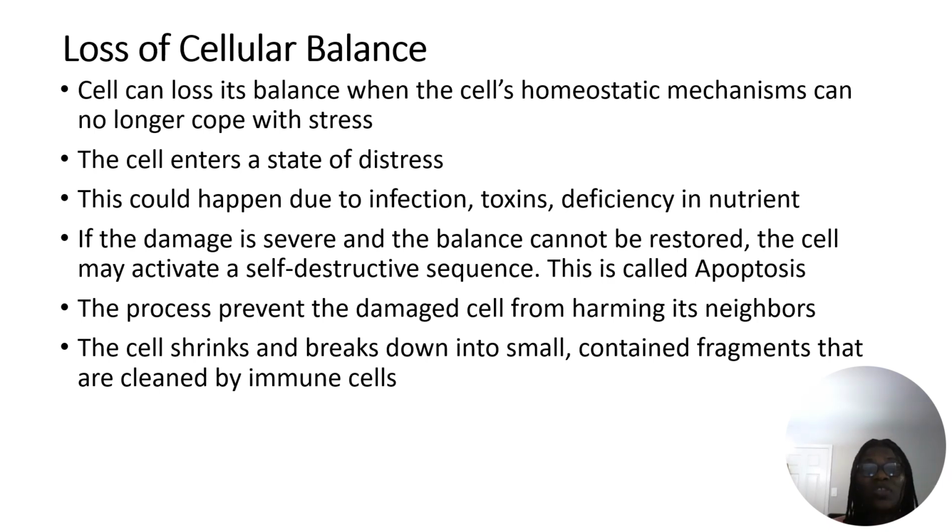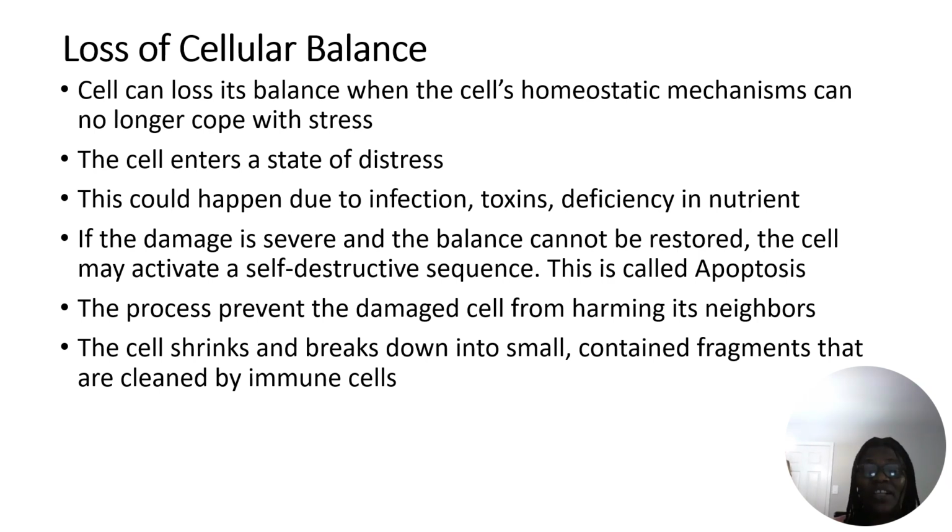When the cell discovers that it's in distress, and the external environment and the internal environment of the cell cannot be balanced, it tries to enter what we call a self-destructive sequence. This is referred to as apoptosis.